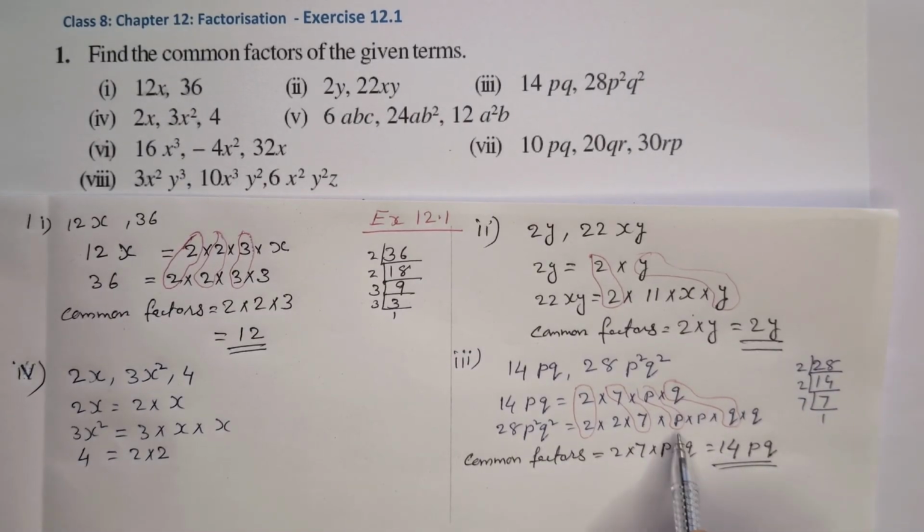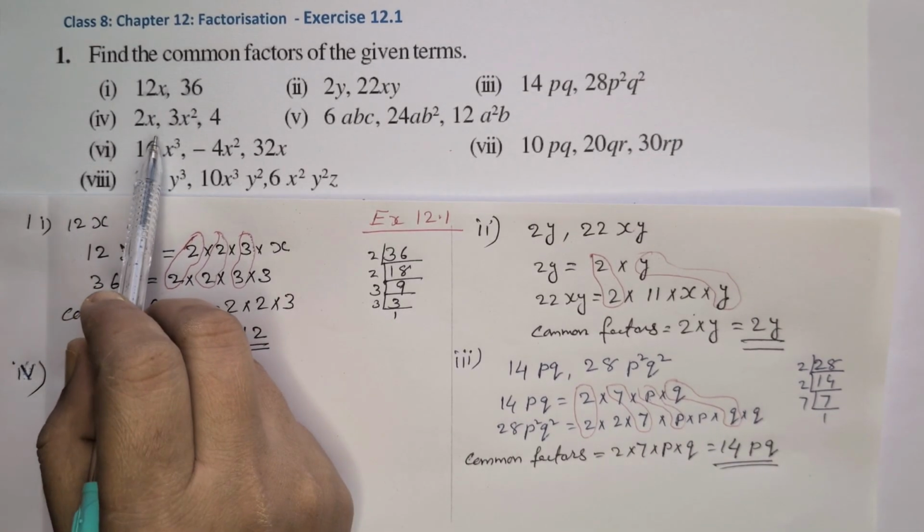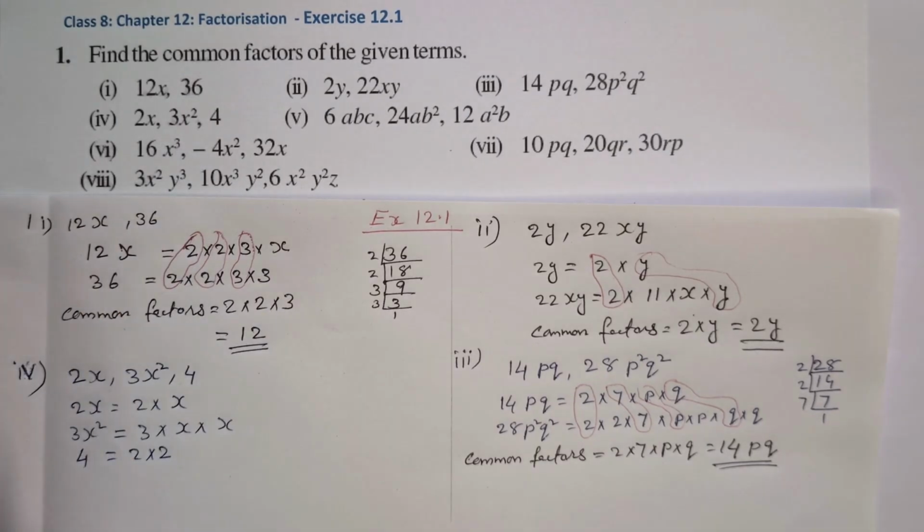Then p square means p into p, q square is q into q. From there, one set of 2, one set of 7, one set of p and one set of q are common in both the terms. So the common factor is equal to 2 into 7 into p into q, that means 14pq.